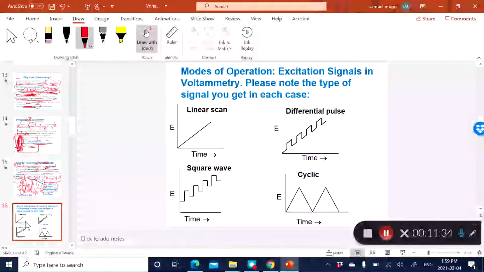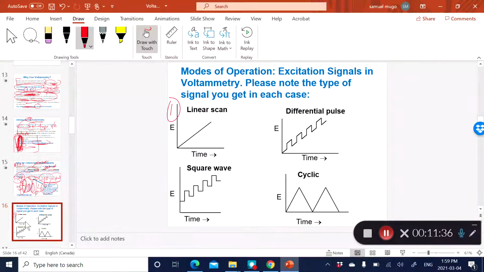The very first type of mode is what you refer to as the linear scan. This is where you take the voltage and increase it linearly with time. And for that reason, the type of data that you get, that being current, remember the signal is current, should typically look something like this. So the signal profile for linear scan voltammetry would look something like that.